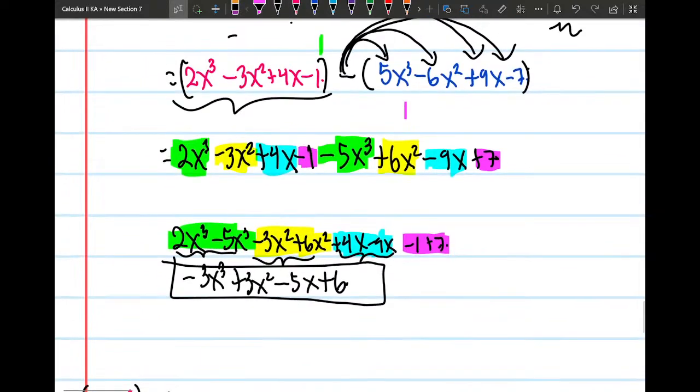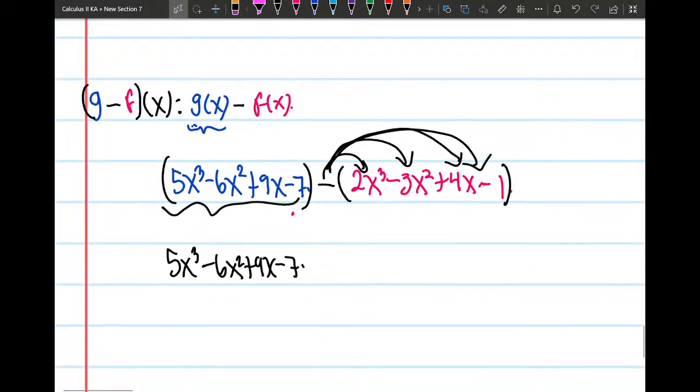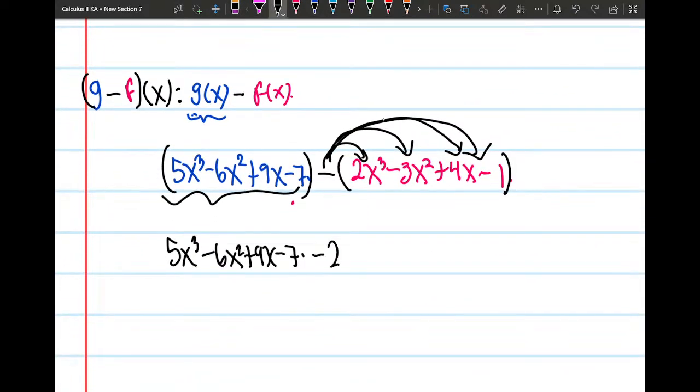And so if we do that, we're going to have minus 2x cubed plus 3x squared. So anytime it's a negative of a negative, it's positive, and positive times negative is negative. Just want to make that very clear. And then minus 4x plus 1.